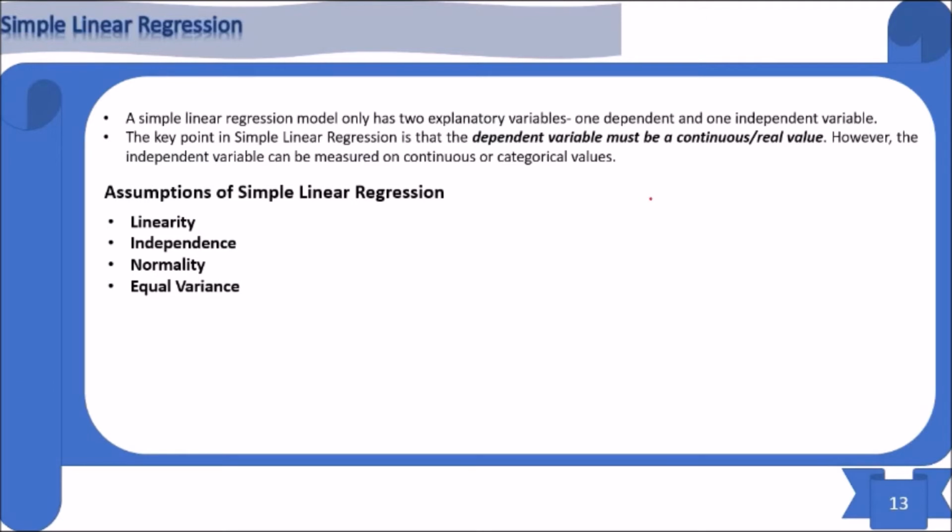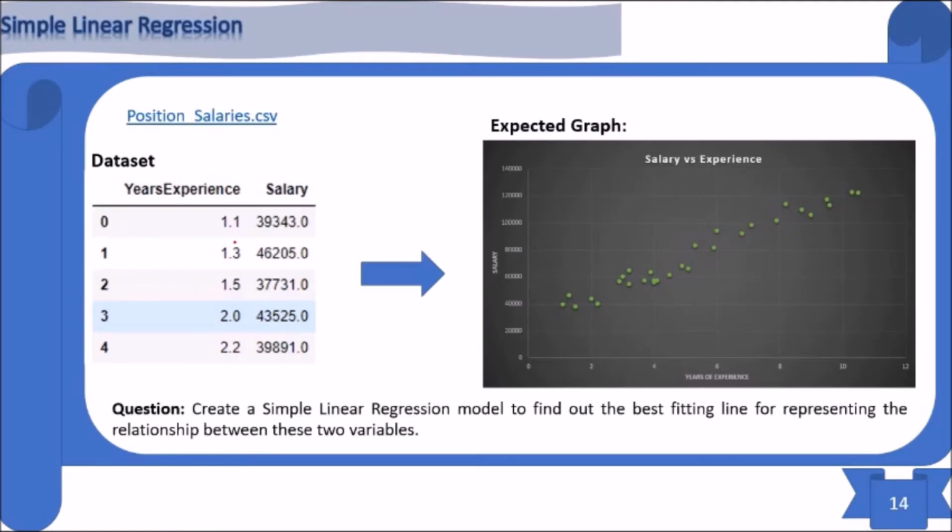So when your data does not meet the above assumptions, you cannot perform a simple linear regression. Rather, you should use a non-parametric test. Okay, so now here you can see we have a simple linear regression. We have to build a simple linear regression model on this data set called position salaries.csv. This data set has two variables, one dependent variable and one independent variable.